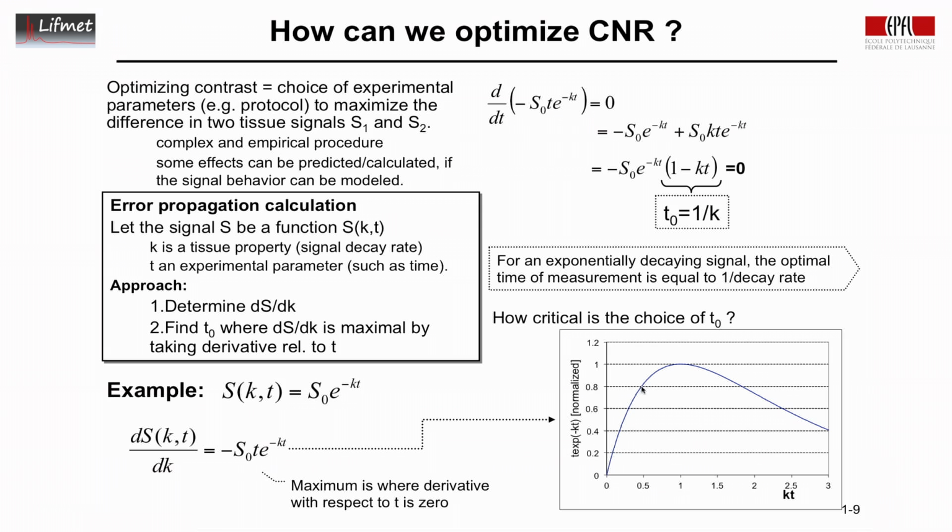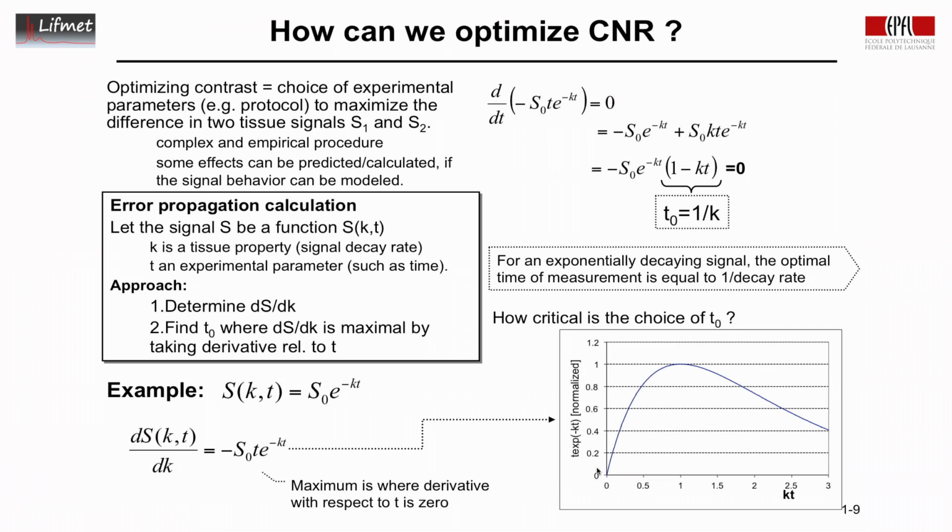And now look at this function here. If we are saying we're going to stay within 80% of the maximum, then we go from essentially kt equals 0.5 almost up to kt equals 2. So roughly estimating here, we're actually gaining a 4-fold range in changes in the parameter k, and we're still very close to the optimal measurement conditions.